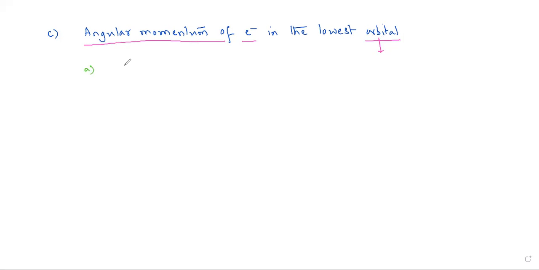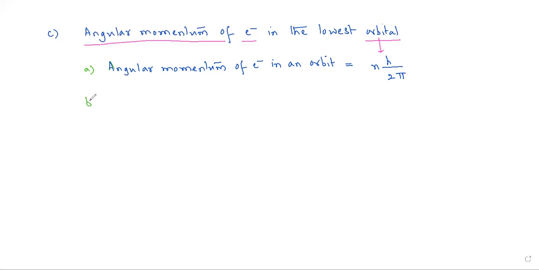First one, angular momentum of electron in an orbit can be given as, according to Bohr, integral multiples of h by 2 pi.